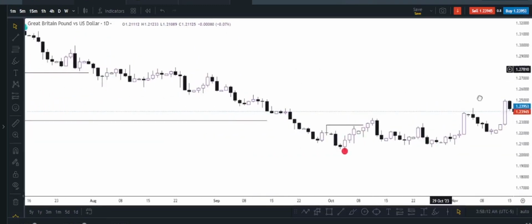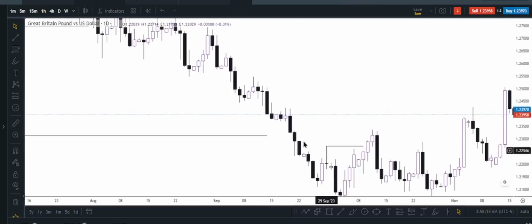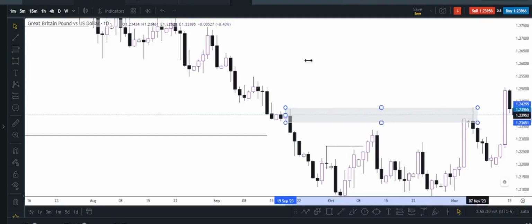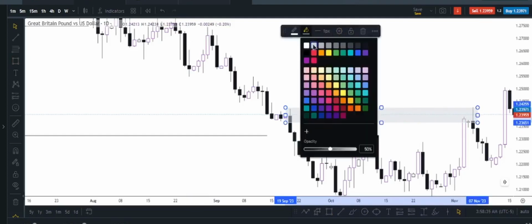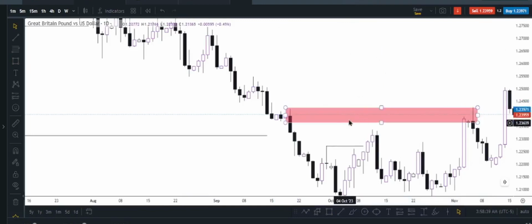And I said that because price has taken out inducement already. All right, where is your DOB here? Now, we identify this as our DOB. This one was the one we identified as our DOB. Okay, this was our DOB. All right, and as you can see, price came into that DOB.